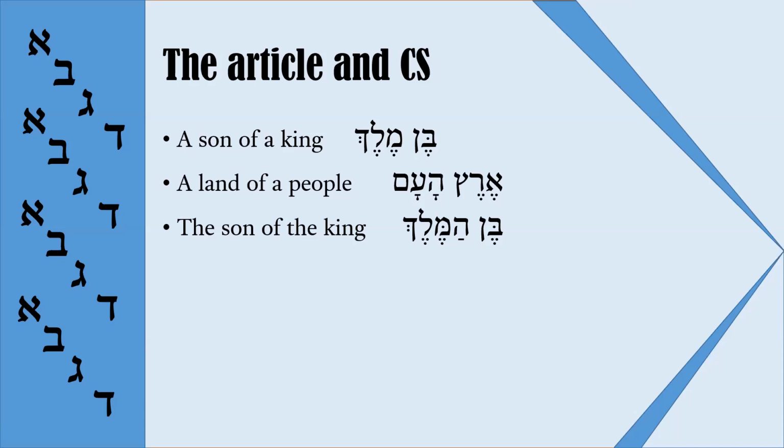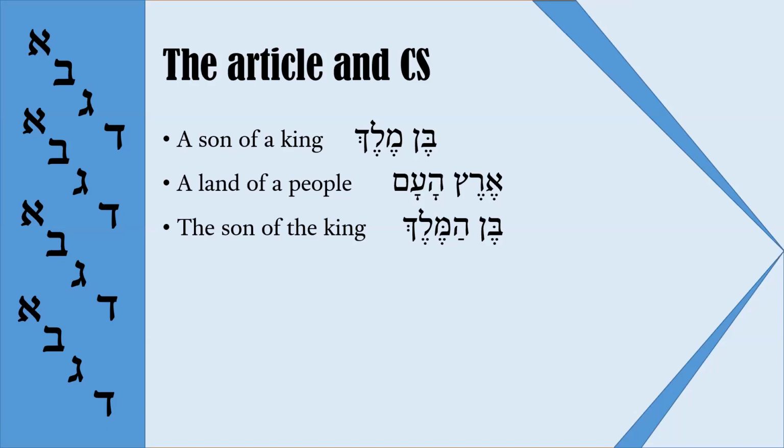So we cannot say Habat Melech, but we can say Bat HaMelech. Or Ben HaMelech, the son of the king. And in this case, because these two words are considered one entity, if the word in absolute form has a definite article, ha, it means that the entire construction is definite.